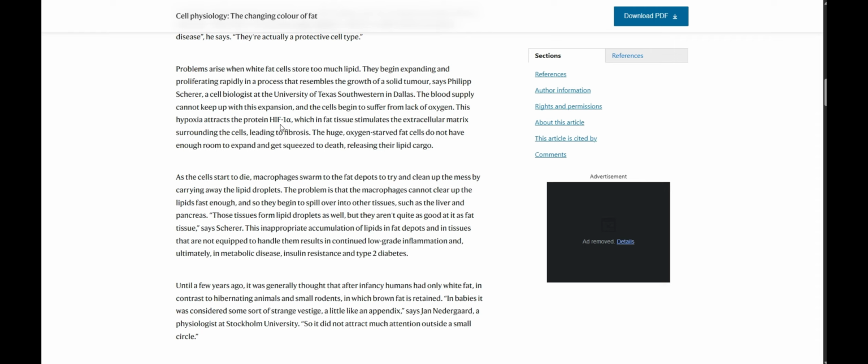This hypoxia attracts the protein HIF1 alpha, which again is something you learn through cell culture, or you verify through cell culture. They could have found it physiologically from biopsies and then verified it in cell culture, which in fat tissue stimulates the extracellular matrix surrounding the cells, leading to fibrosis. So yeah, all of that sounds like cell culture work.